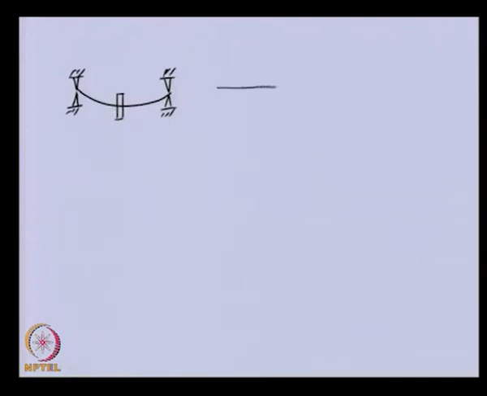In another case we took a rigid shaft and flexible bearing. In this particular case the shaft we considered as rigid, only the flexibility was there in the bearing. But in some cases the rotors are relatively heavy and flexible.